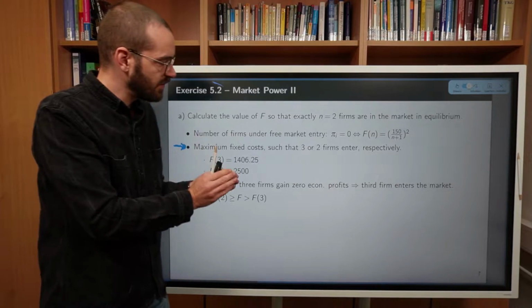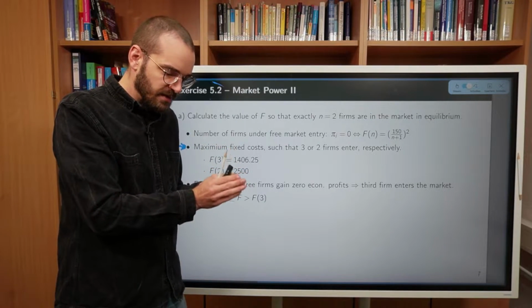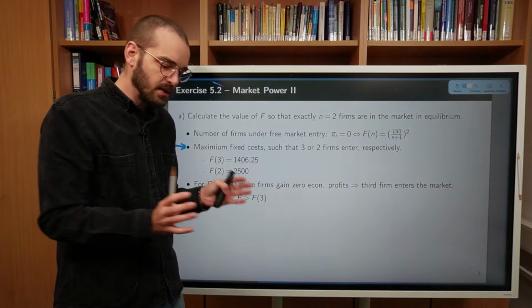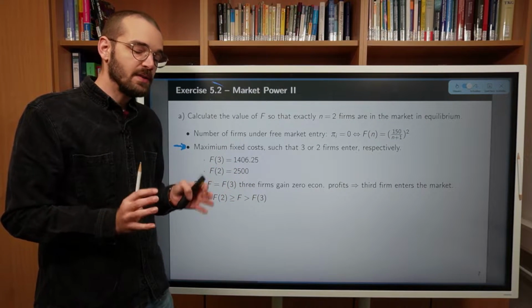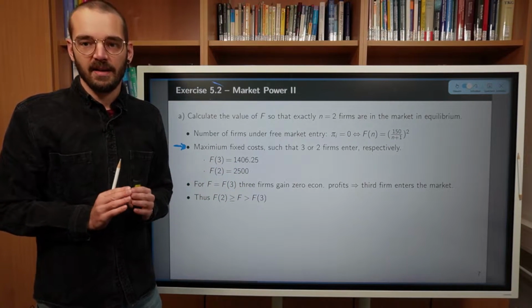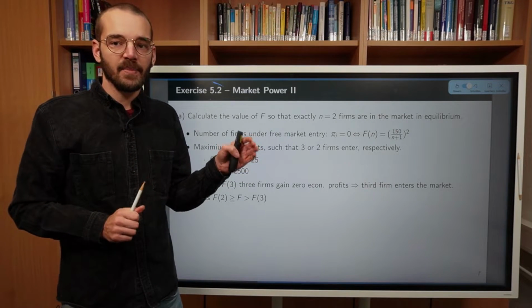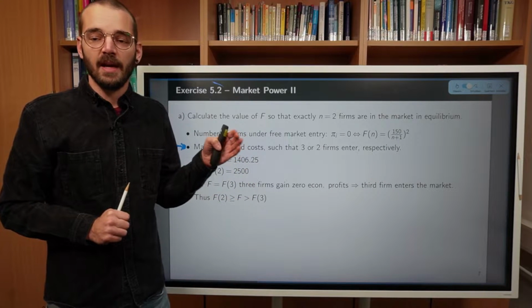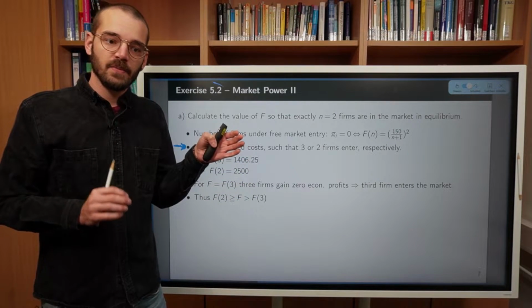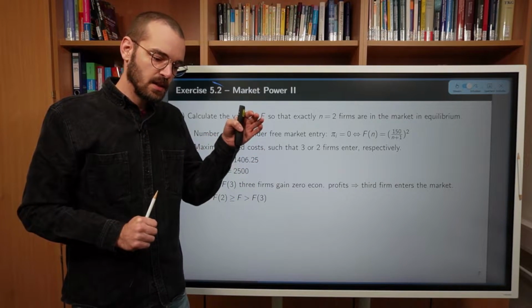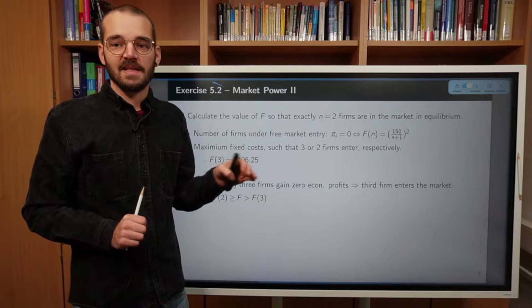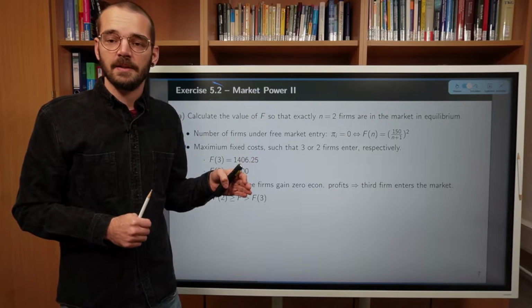So in order to find the interval of fixed costs for which there are exactly 2 firms in the market, we have to find out how large fixed costs can be at most so that 2 firms can still sustain being in the market.